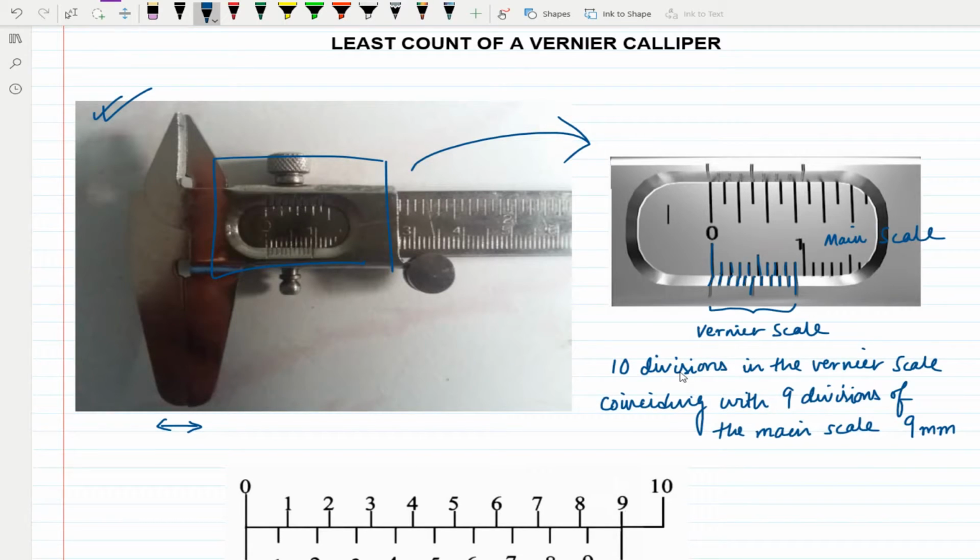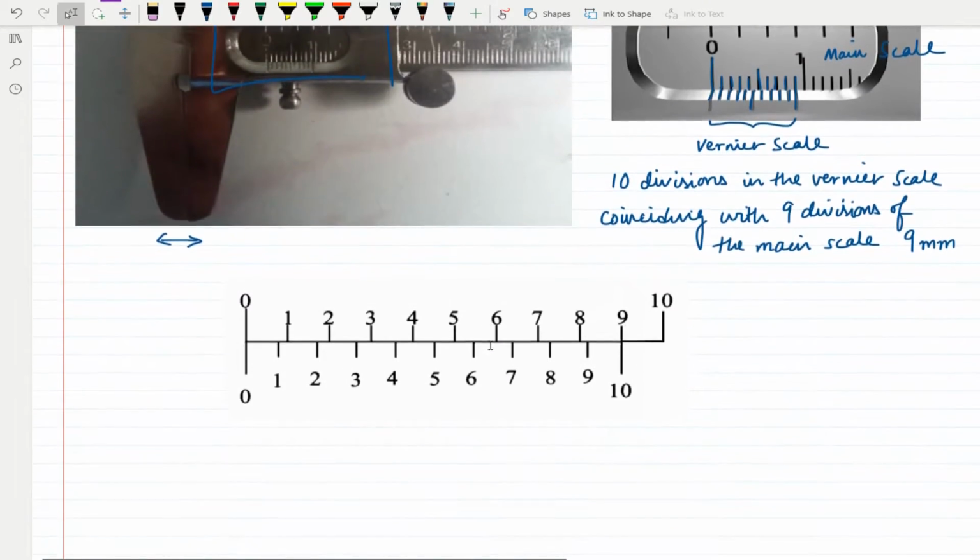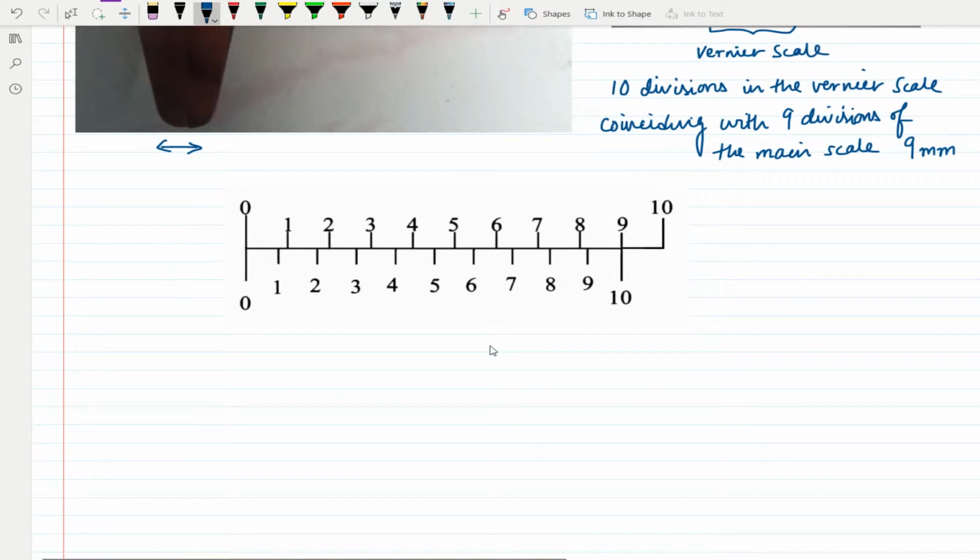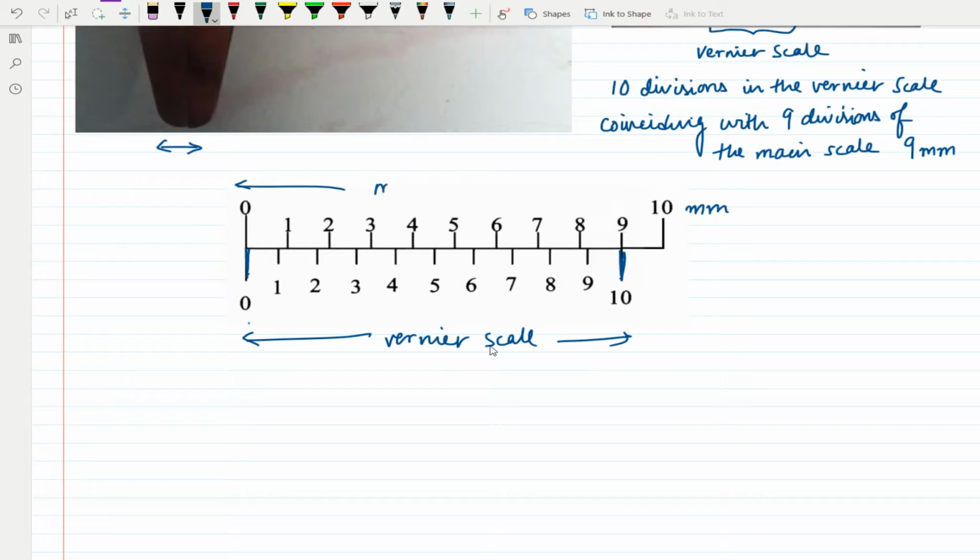Now I've magnified that particular image even further. You can see over here, this is millimeter. This bottom one is the vernier scale, and this one is the main scale.